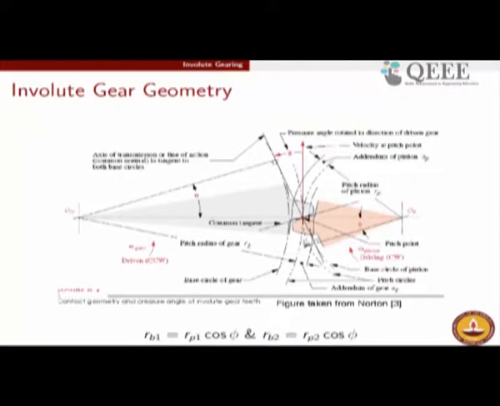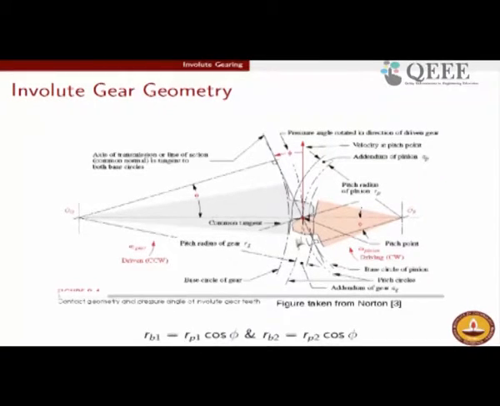So base circle, as we have understood, is that this involute gear tooth profile must have been generated by unwinding a string from a certain base circle. So accordingly, we have the base circle of a gear to be that imaginary circle based on which this involute gear tooth profile has been generated. So that is the base circle for you.